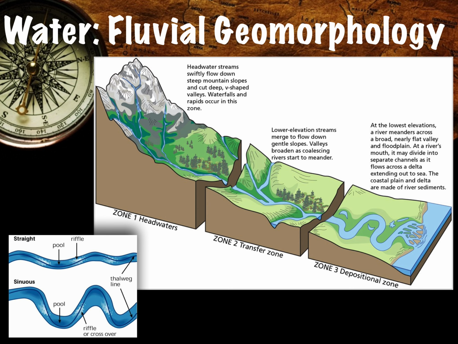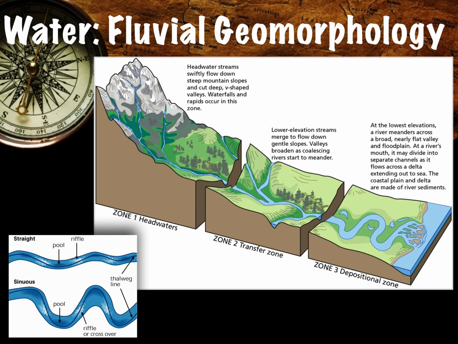Starting with zone 1, you have your mountain ranges. It's very steep. We find that there's active incision, where the river is actually cutting down and creating very steep channels. Once those higher landscapes have been eroded away, we end up with zone 2, where lower elevation streams merge into a flow with more of a gentle slope. The valleys begin to broaden, which means you've dug down deep enough that the sides have collapsed and created a very small floodplain.